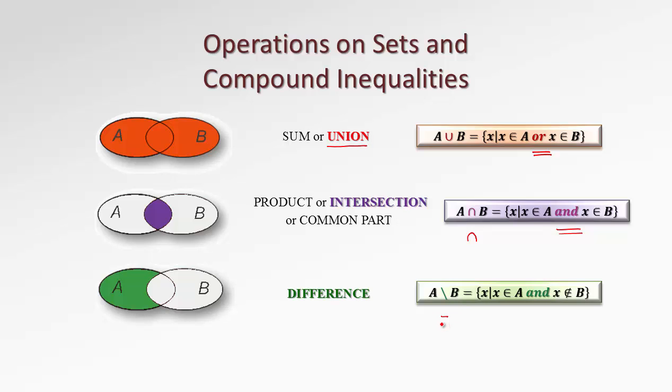The subtraction sign we're going to slant downwards like this. So A minus B is a set of all elements that belong to A and at the same time do not belong to B. So in the algebra of sets, we can perform those three operations: union, intersection, and subtraction.